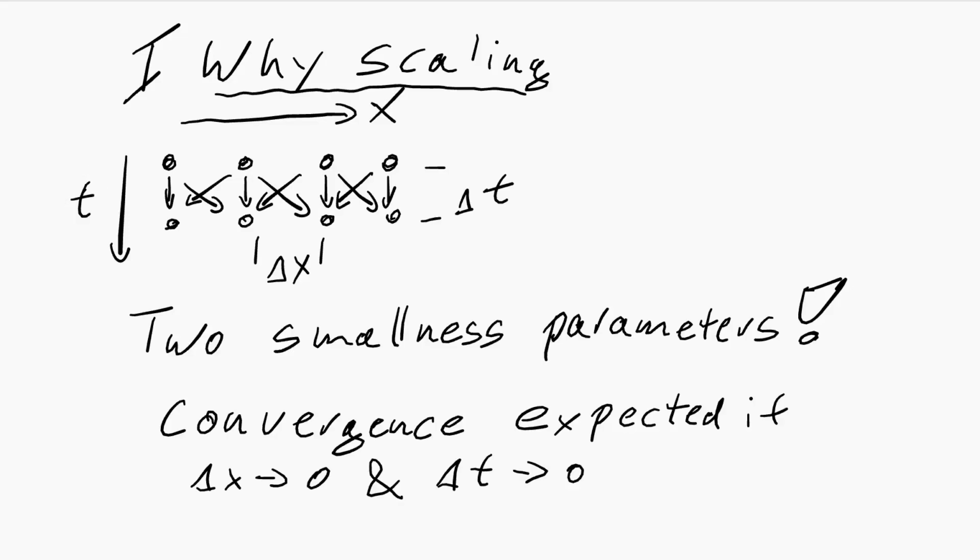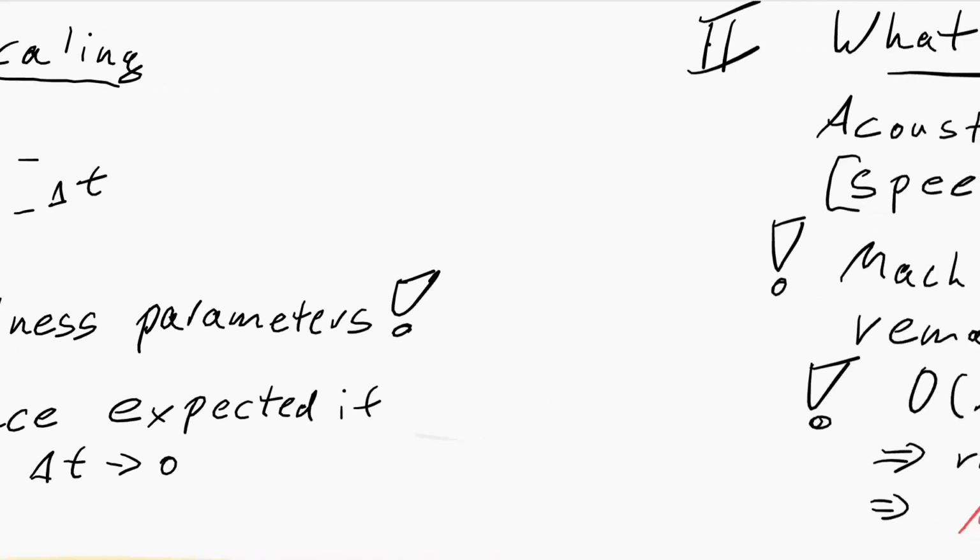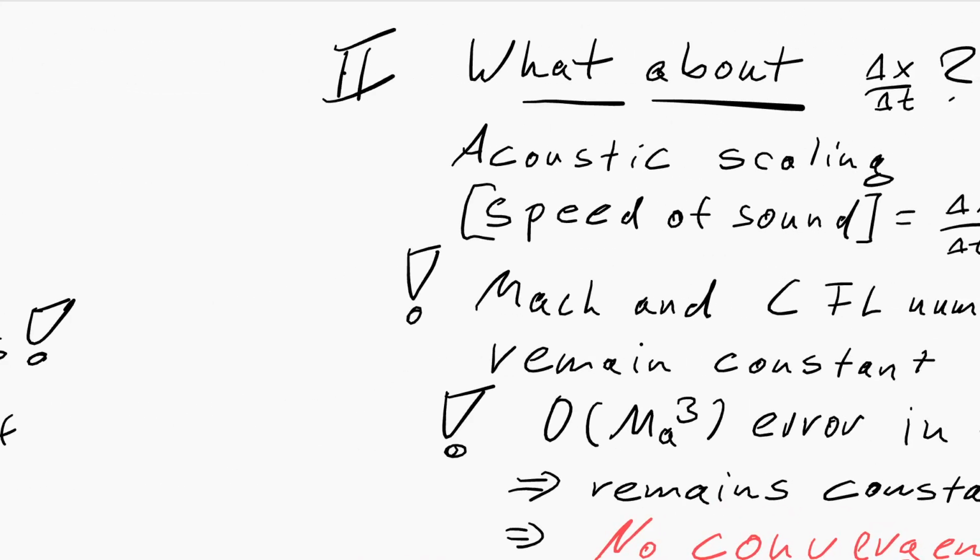So there are two smallness parameters, and we expect convergence only if delta x, the space smallness parameter, goes to 0 and the time parameter goes to 0. And the scaling is required to link the two together in order to see convergence.